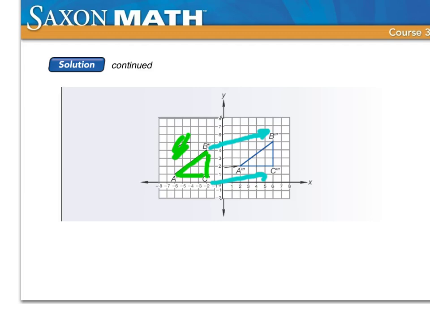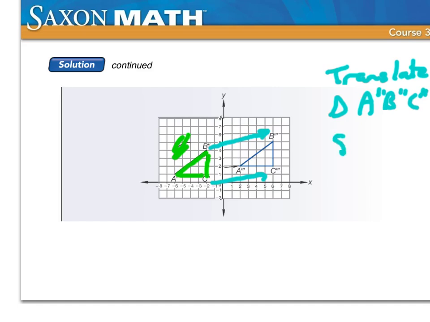Well, we need to tell how much we slid it. So remember, that's called a translation. So we're going to translate triangle, and now it's A double prime, B double prime, C double prime. We need to tell how much. Well, let's look at how we get from A to A. I've got to move to get from A to A 1, 2, 3, 4, 5, 6, 7, 8 to the right and 1 up.